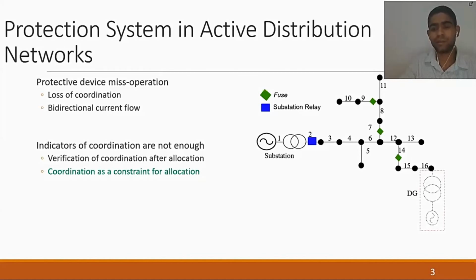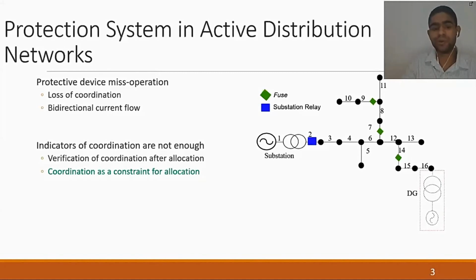And again, we would be decreasing the reliability indexes. So even though this solution is valid if we don't consider DG, it is not valid when we consider the DG. And the indications of coordination are not enough, as we can observe here. So we need to verify the coordination.